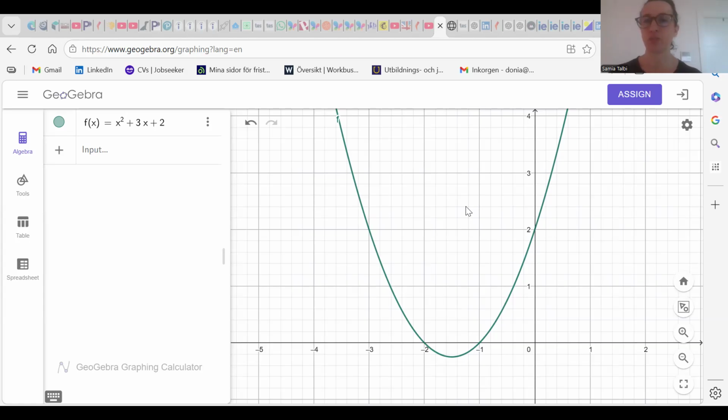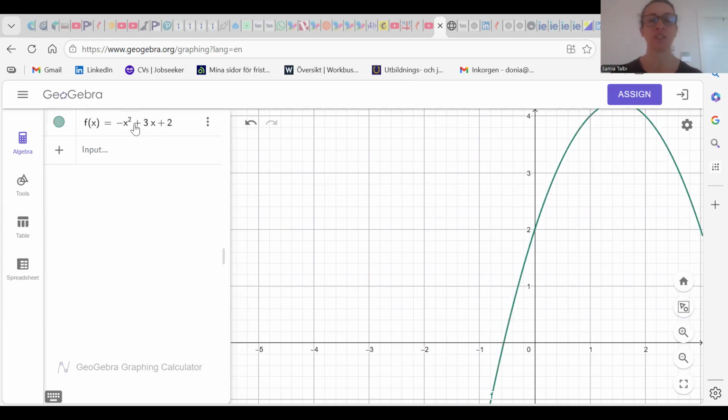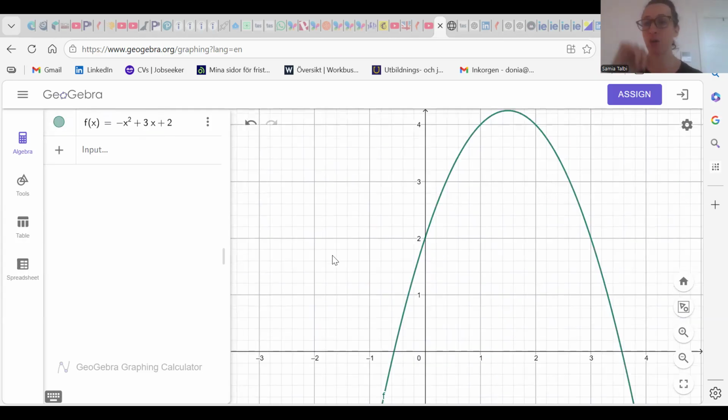And that's what I would use to visualize how the quadratic functions behave. Of course, remember that if you were to put a minus, that will swap or invert the shape of the parabola, and you will have a smiley versus a sad face, right?